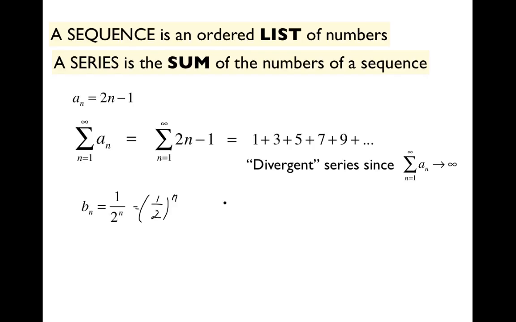A P sequence is 1 over n to some constant power, like 1 over n to the 4th, or 1 over n to the 0.3. The geometric sequence is your constant is the base, and your exponent is n. Like an exponential function.